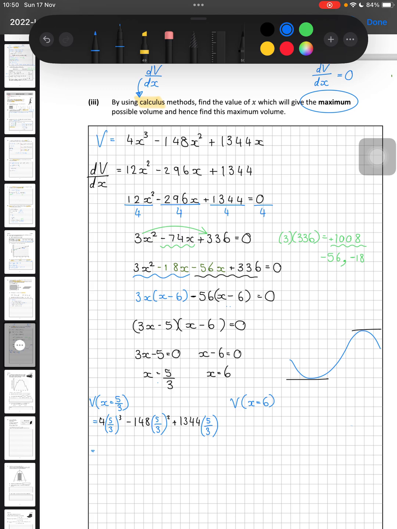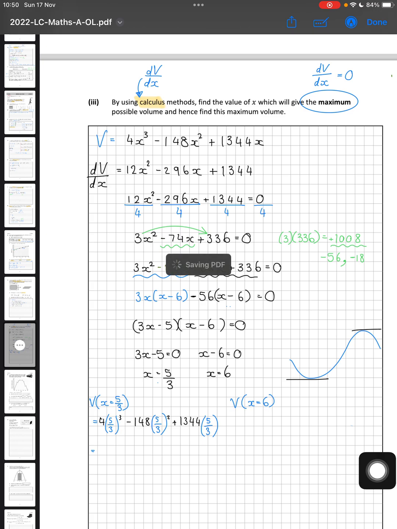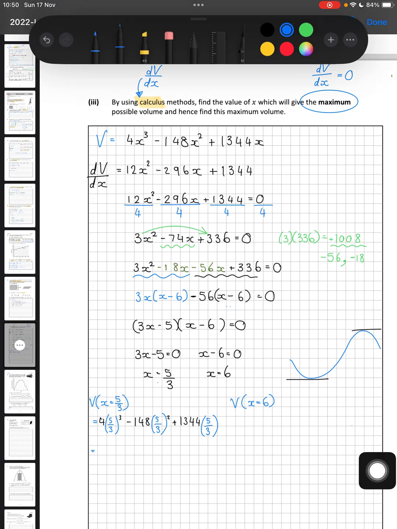What's really nice about doing this now in my calculator is that when I move on to the next one, I will be able to go back and just delete what's inside each of the brackets. Plus 1344 by 5 over 3.